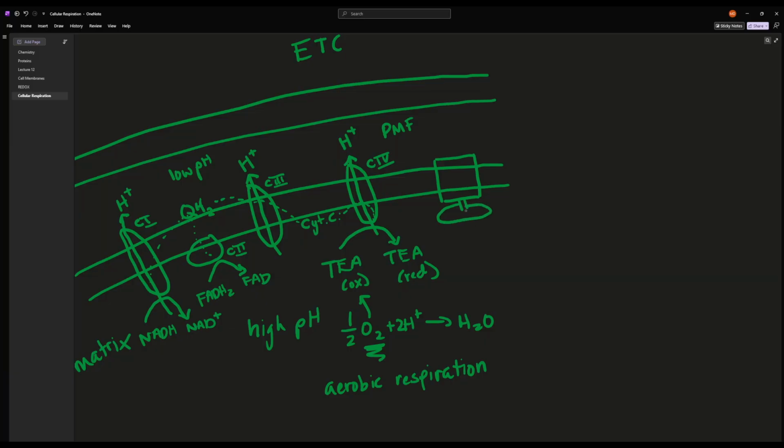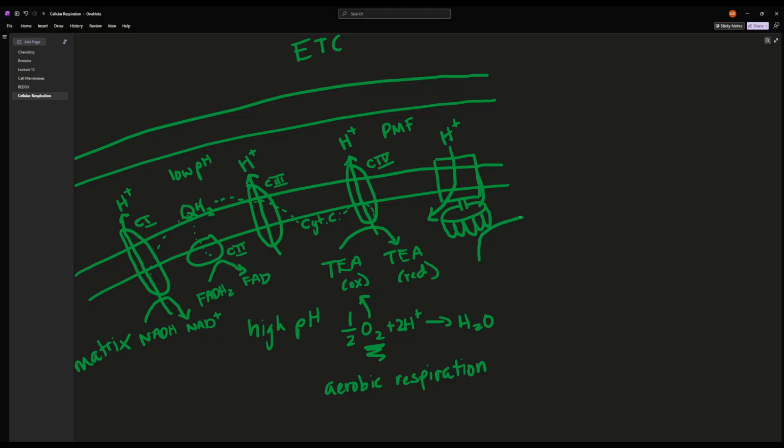And what ATP synthase, I don't like that circle. ATP synthase is going to allow the protons to go through the membrane. Actually, technically it's like this, but whatever. So the protons are going to go through the sort of pseudo channel that exists here.